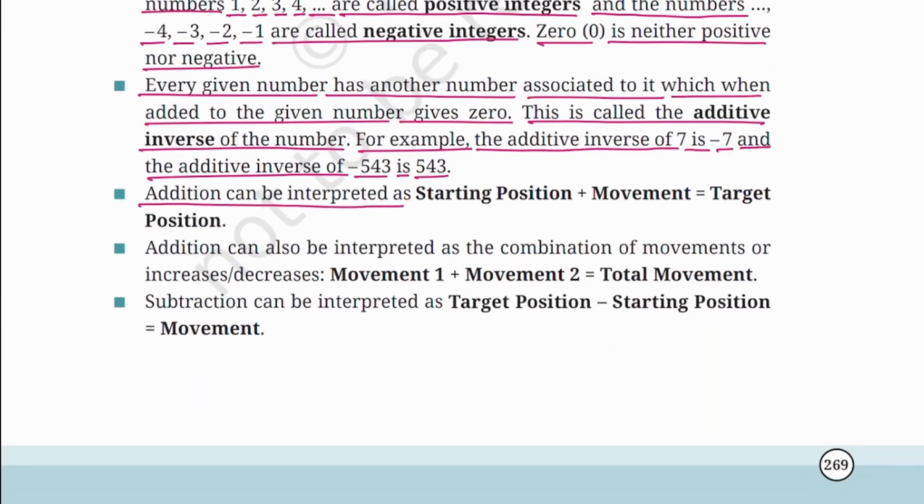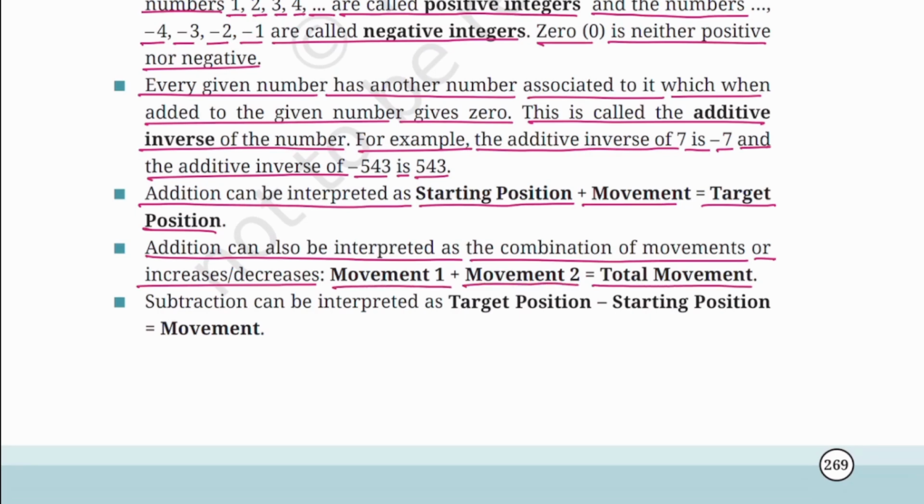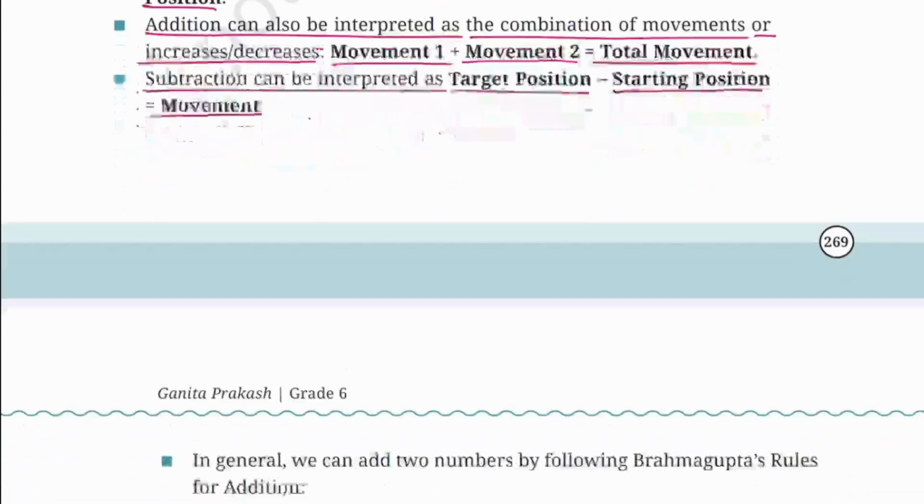Addition can be interpreted as starting position plus movement is equal to target position. Addition can also be interpreted as the combination of movements or increases or decreases. Movement 1 plus movement 2 is equal to total movement. Subtraction can be interpreted as target position minus starting position is equal to movement.